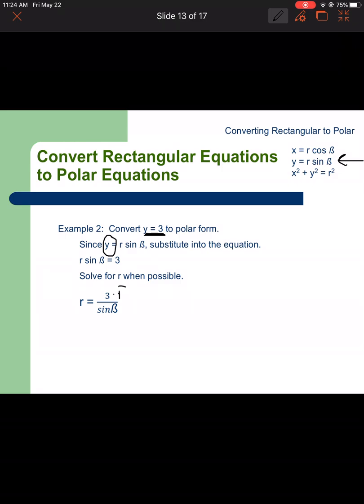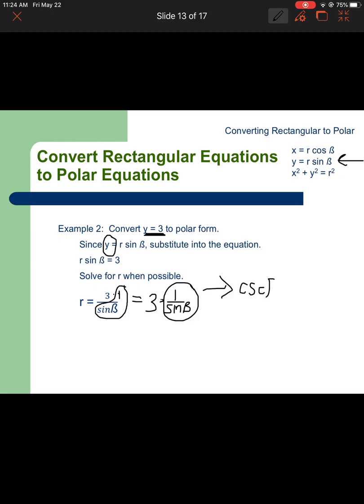So this is the same thing as 3 times 1 divided by sine of beta. Does anyone remember what 1 divided by sine of beta is? Because that is an identity. Well, if you don't have it, it's in your notes. 1 over sine of beta is the same thing as cosecant of beta. So this turns into r equals 3 cosecant of beta.